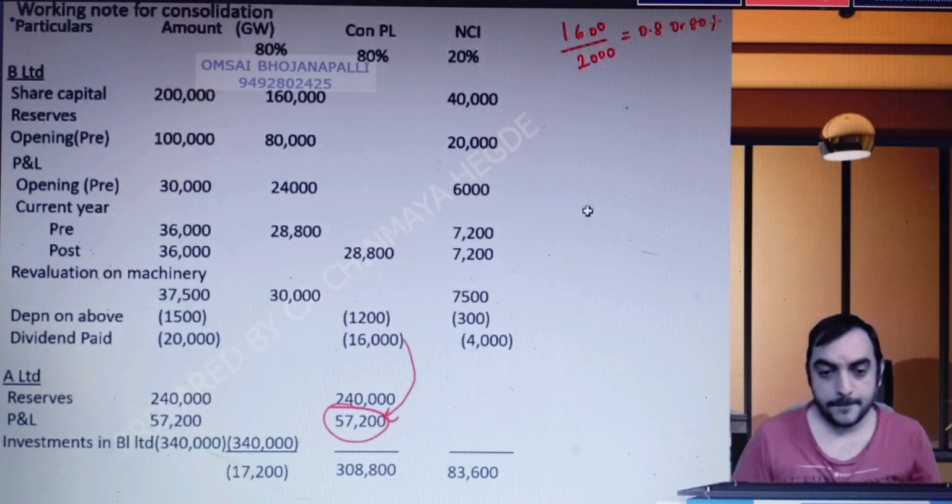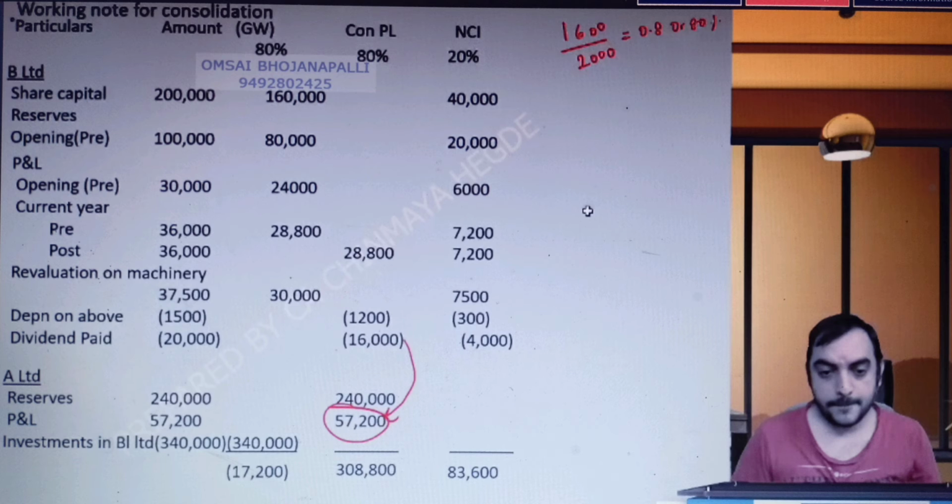P&L account we will do now. P&L account as on balance sheet date 82,000. We need to add the dividend first. How much dividend? Dividend is paid at 10% on 2 lakh 20,000.